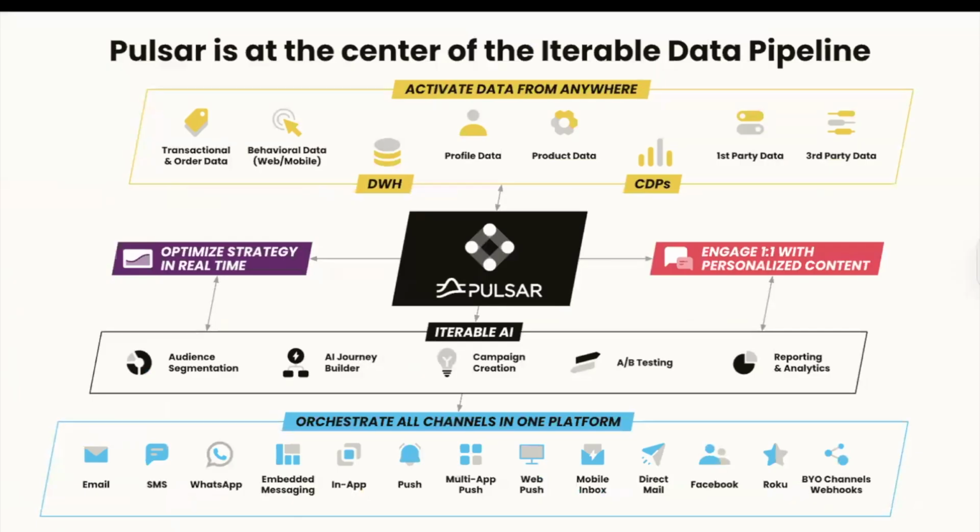The way that Iterable works, our Iterable data pipeline secret sauce, if you want to call it that, is we take data from basically anywhere. Our customers, their customers, provide data to us through various APIs and ingestion and queuing and Kafka streaming and all that sort of stuff. We take that data, it all comes into a lot of different Pulsar topics and queues and namespaces and tenants, which we'll get to in a second.